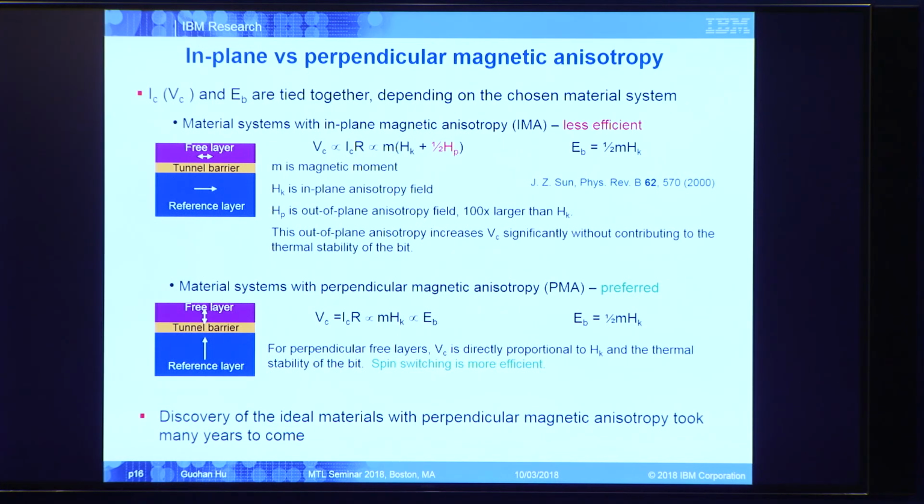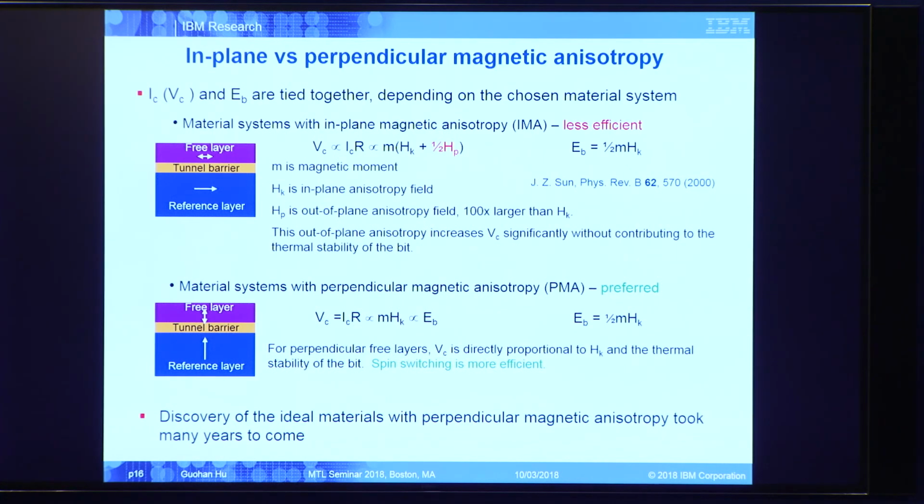Usually magnetic materials always lie in plane because of shape anisotropy. These are details, just ignore that part if you don't understand yet. Most material systems have this so-called in-plane magnetic anisotropy, meaning the magnetization lies in the plane of the film. When you do the calculation, the physics is very clear.